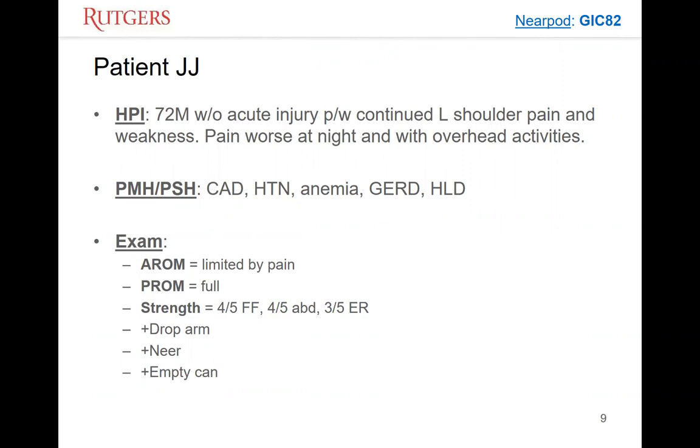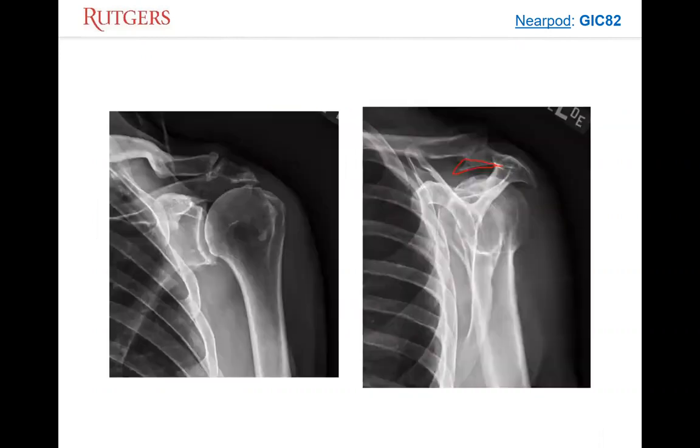Next patient's a 72-year-old who had no acute injury and has just had continued chronic left shoulder pain and weakness. That's worse at night, worse with overhead activities. He has active range of motion that's limited by pain, and full passive range of motion, substantially weak. These are his x-rays. I apologize for the red line. I couldn't get rid of it.